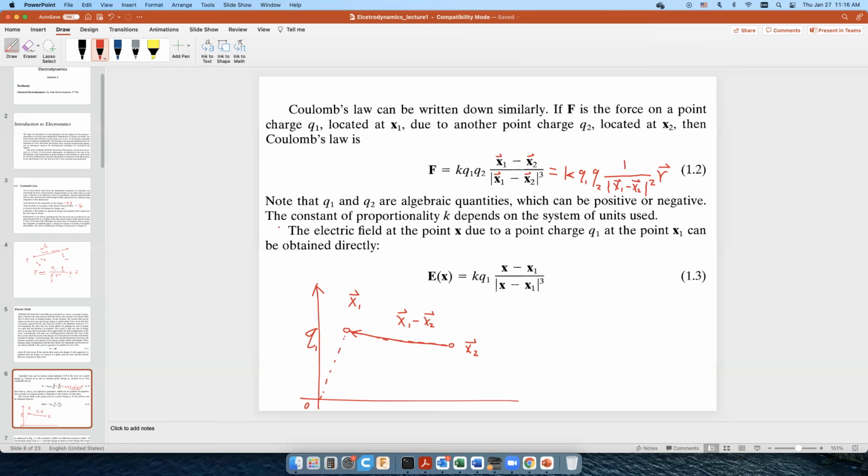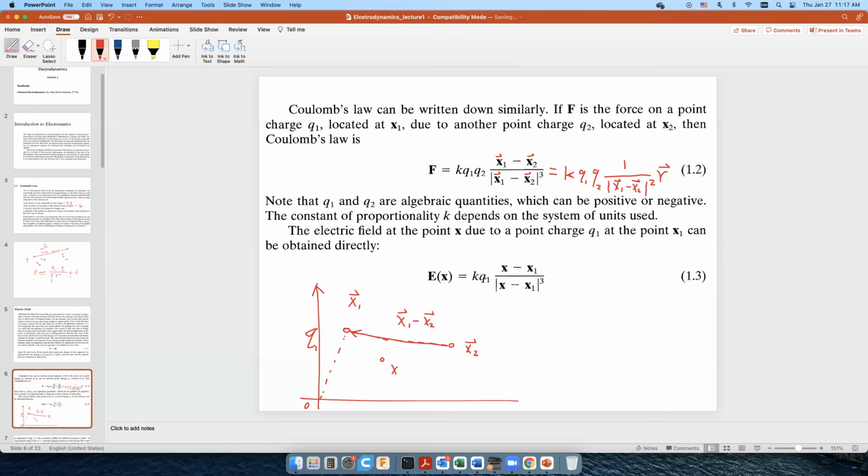Okay, and then if this is a force, the electrostatic field or electric field at this point can be calculated with this equation. Let's say the reference is still x1. If you want to calculate the electric field between, let's say, x, this is the x point, and x1, then you can use this equation.